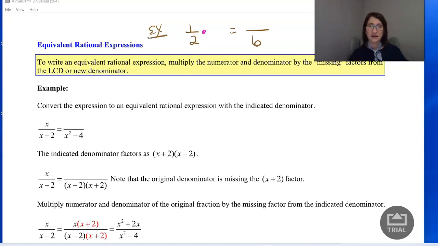Or another way of thinking of it is 6 is the same as 2 times 3. So when I compare the 2 to the 2 and the 3, the 3 is missing. So I'm going to multiply this first fraction by 3/3. And that is going to give me 1 times 3, which is 3, over 2 times 3, which is 6. That's the process that we're going to use to create equivalent rational expressions.